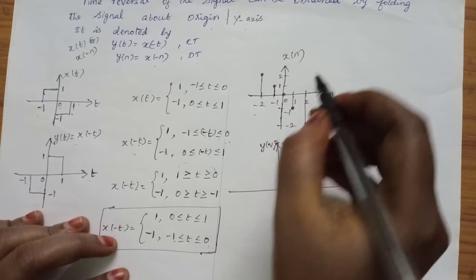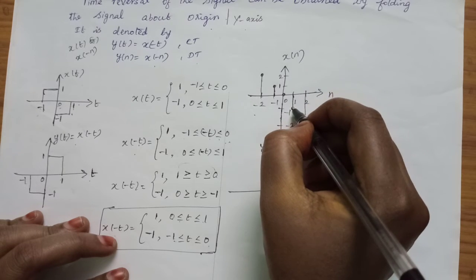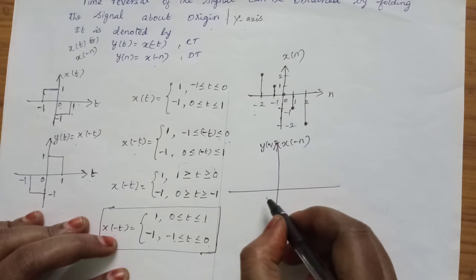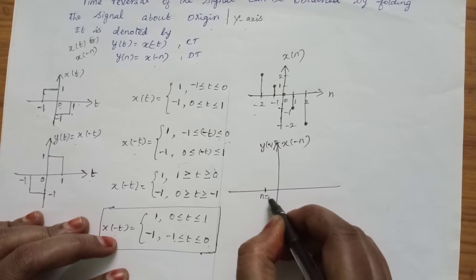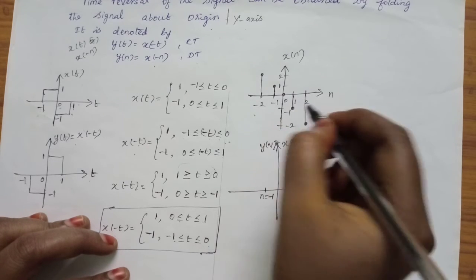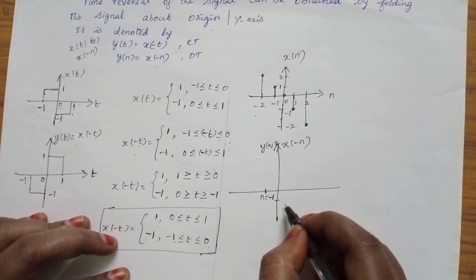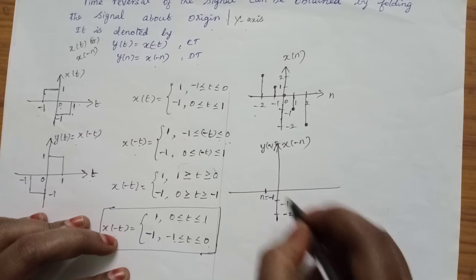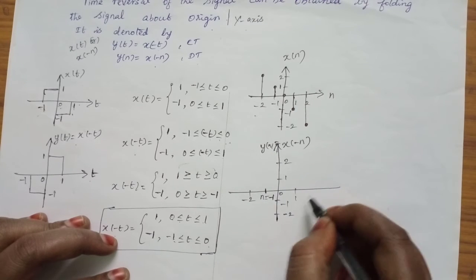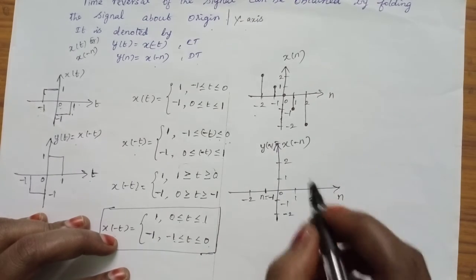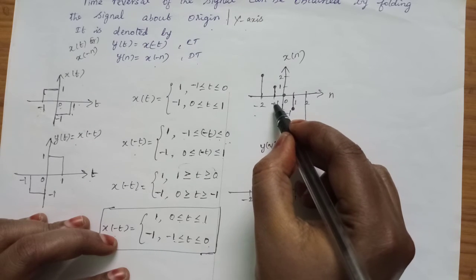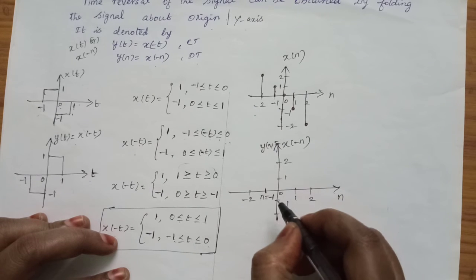So the signal present at n equal to 1 will be reflected to the signal at n equal to minus 1. Here at n equal to 1 the value is minus 1, so it will be moved to n equal to minus 1.